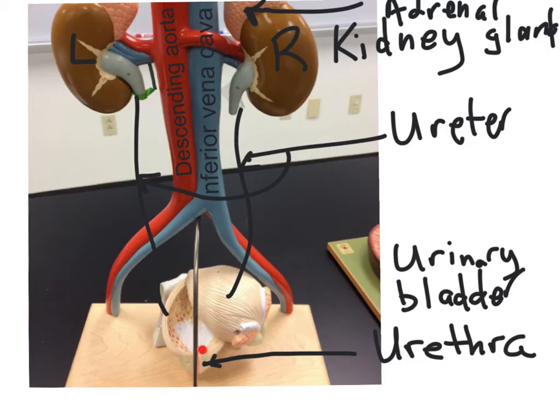If you look closely, you'll see this white triangular structure, and that white triangular structure is the trigon. Again, the trigon is where the 3 tubes, the right and left ureter, and also the urethra, attach.